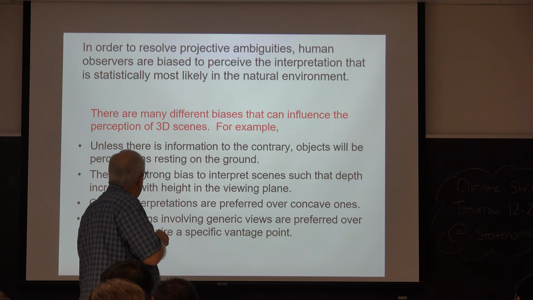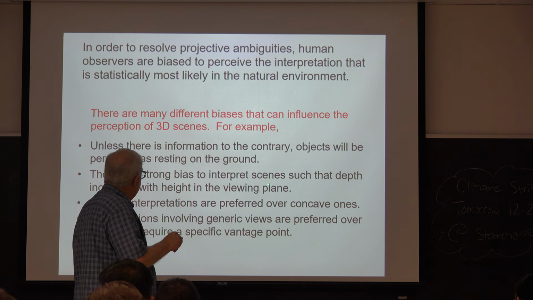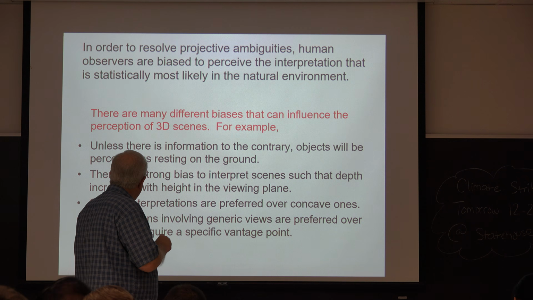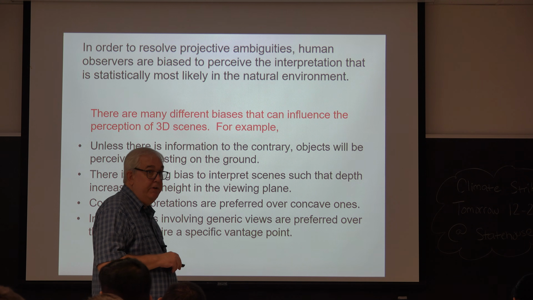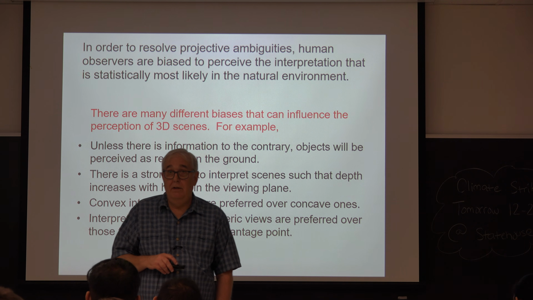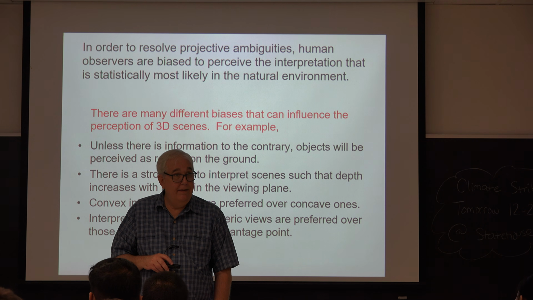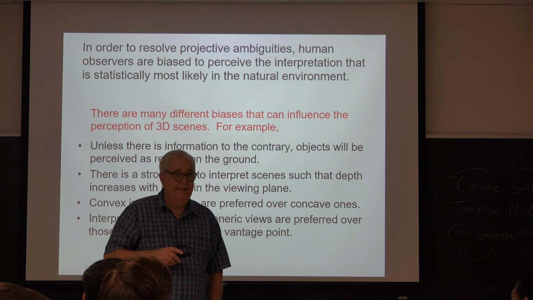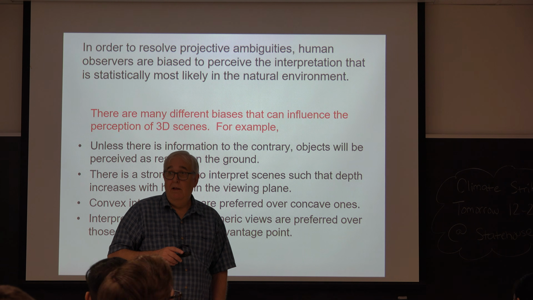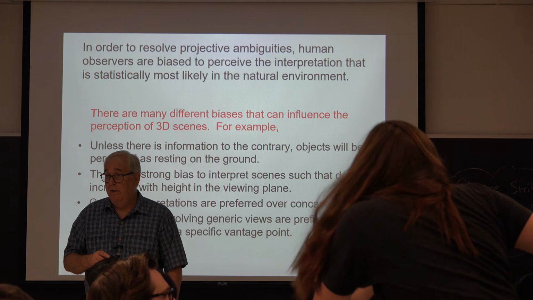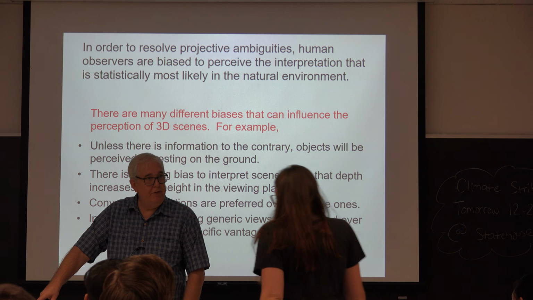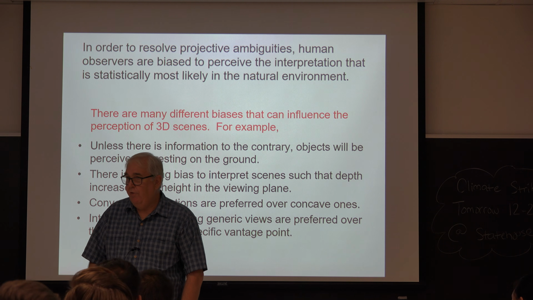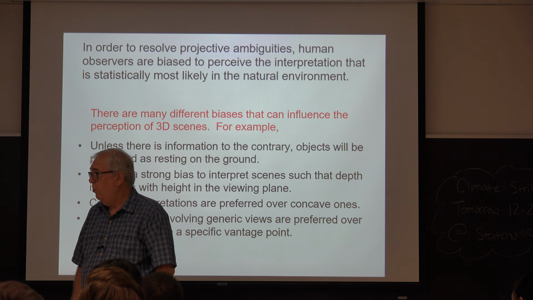Here's another one. There's a strong bias to interpret scenes such that depth increases with height in the visual field. Let's pick on you this time. Come on up in the front of the class. All right, I want you to stand in front of this row. In your visual field, who in this row is highest?